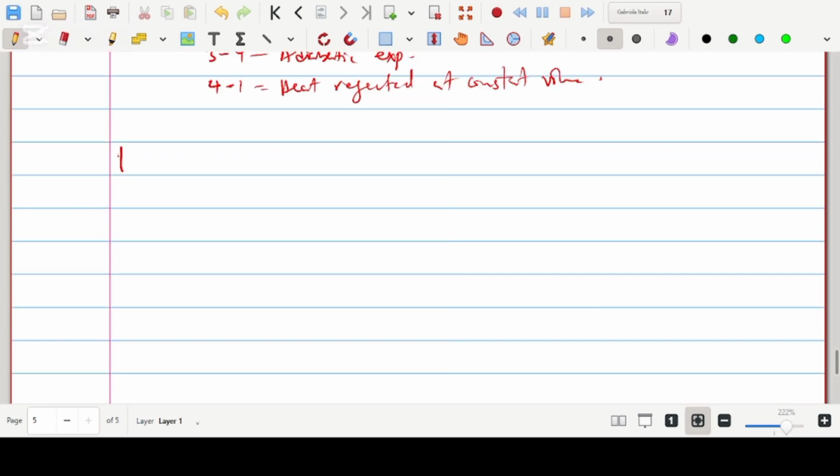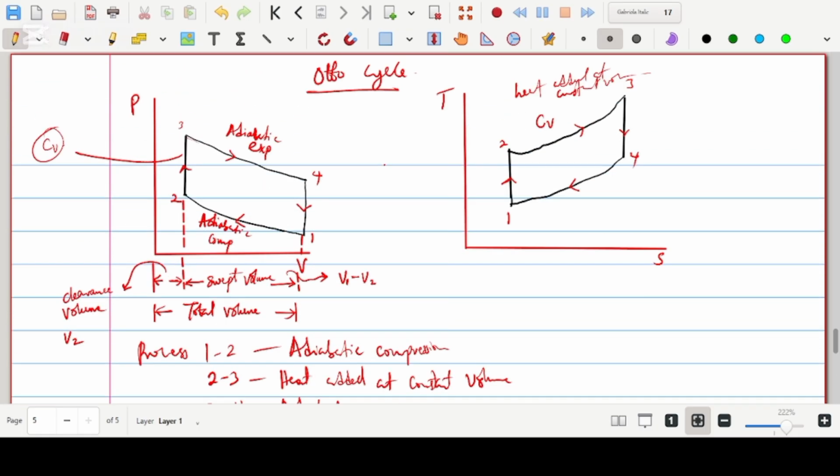For adiabatic compression, which is process 1 to 2, before we move on, we have the swept volume and the clearance volume. The clearance volume is your V2. Your swept volume is V1 minus V2.